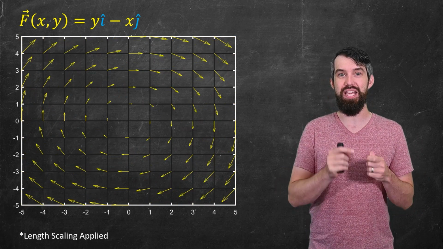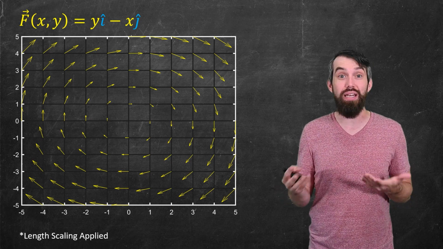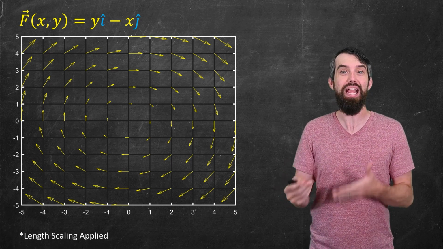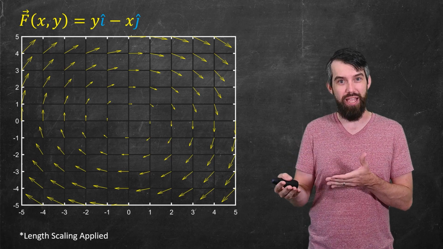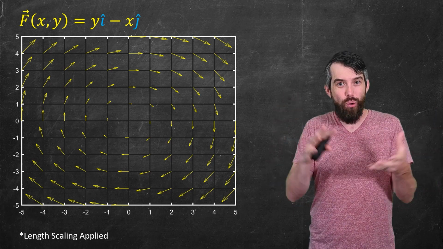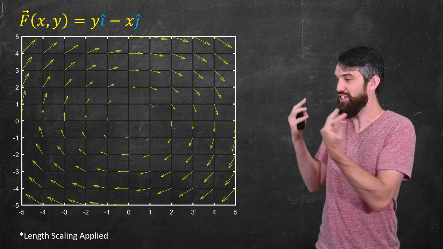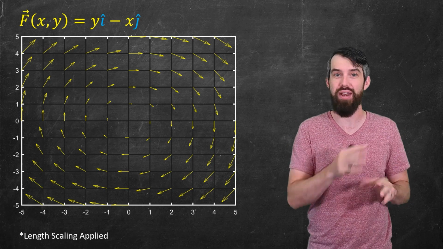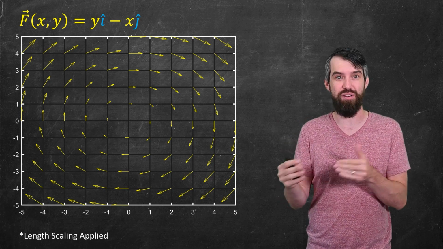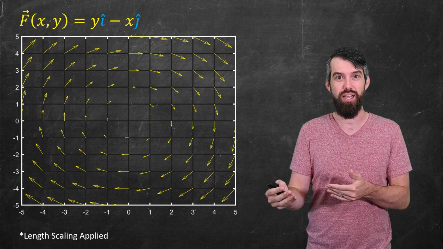That is, the length of the vector at some random point, like 2, 3, is not the length of the vector that would be 3i minus 2j. What it's done is it just proportionately scaled everything so that it looks a little bit prettier and you can see the circular pattern a little bit better.